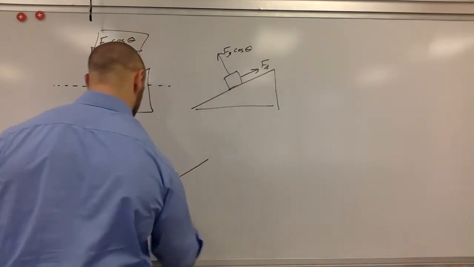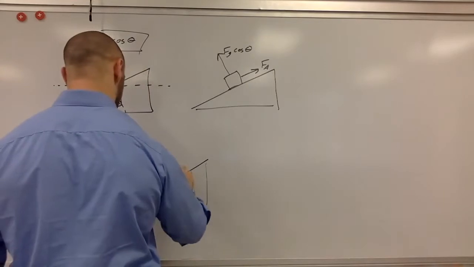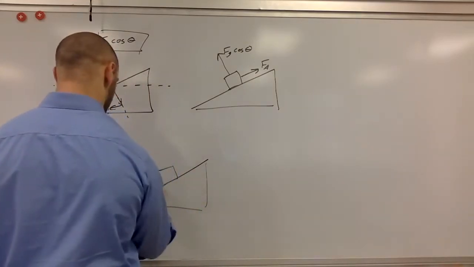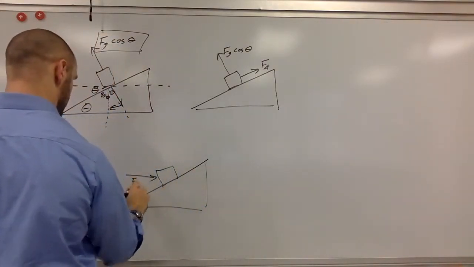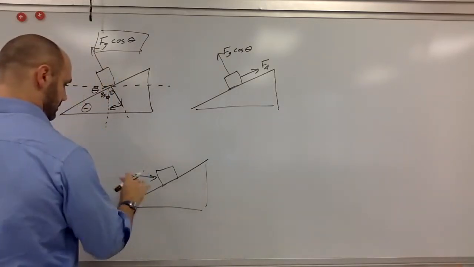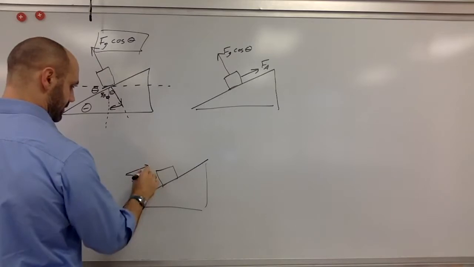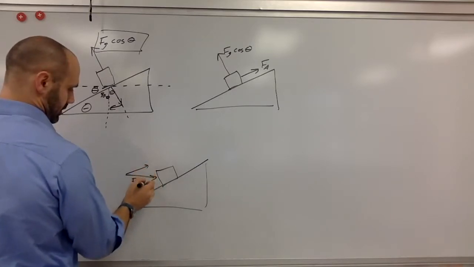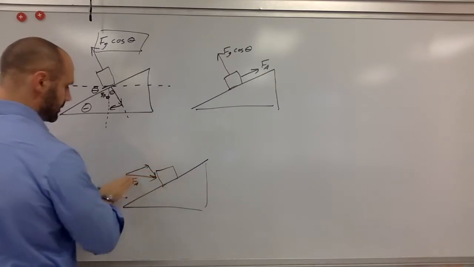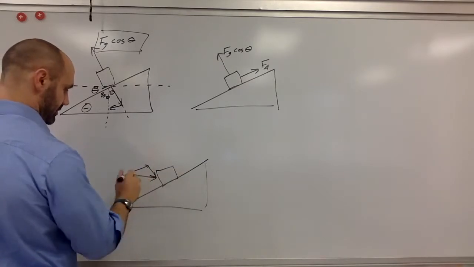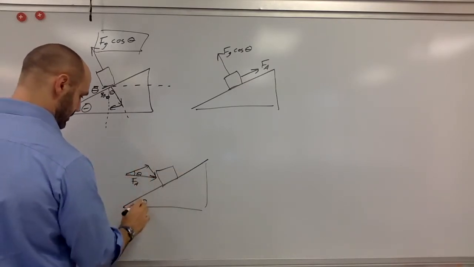But now if I have some force Fa pushing in this way, then I can break this up into components parallel and perpendicular to the surface. And this is theta, same as this.